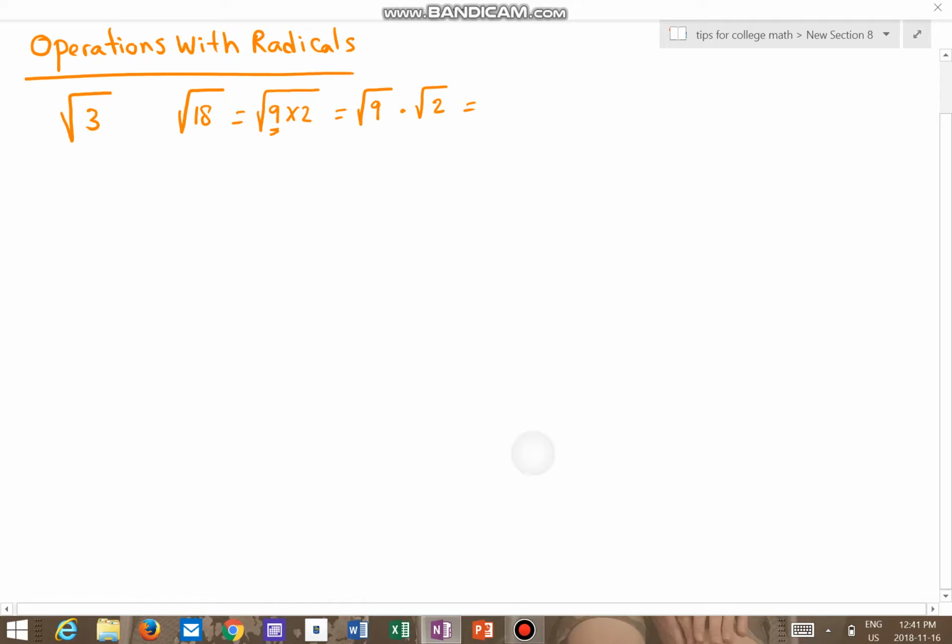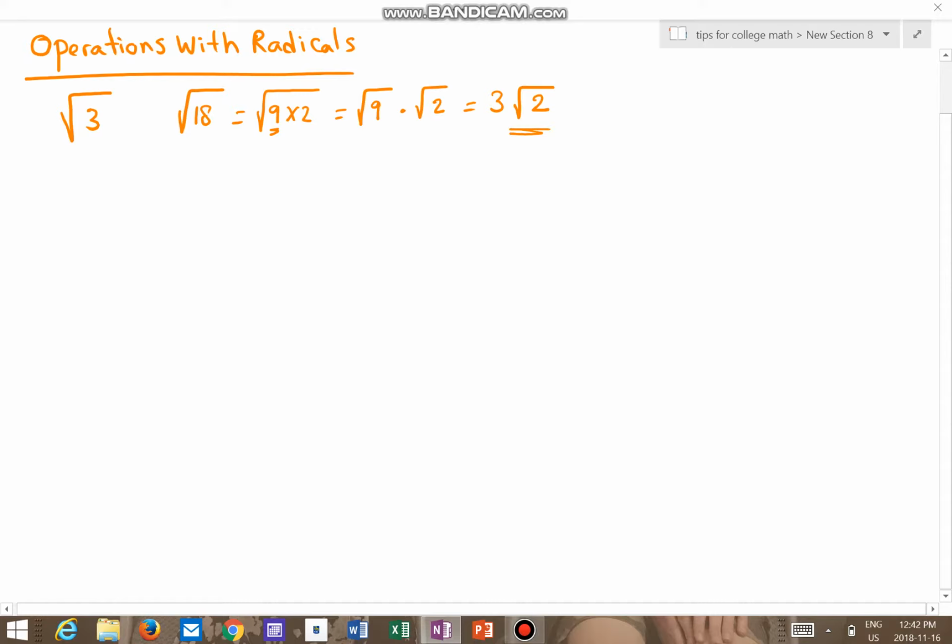So square root of 9 itself will give me a 3. Square root of 2 doesn't have that ability, so it stays as square root of 2. So my number here reduced to 3 square root of 2. It's still a radical.